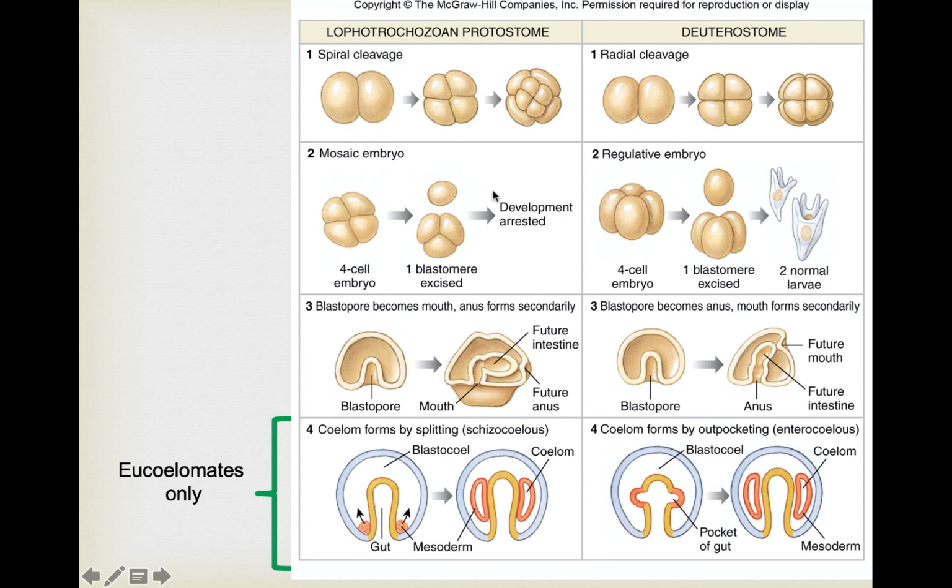The other is what happens to cells if they become separated. Even at the 4-cell stage, if you separate one of the cells in a protostome, it completely kills the developing embryo. But you see, that's how we get identical twins in a deuterostome. You separate these cells at the 2-cell stage, you get identical twins.